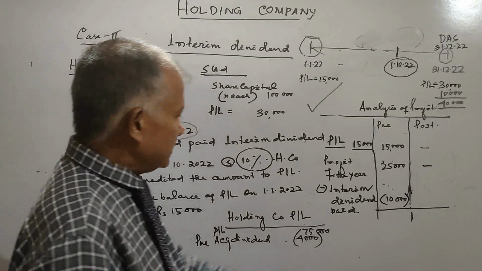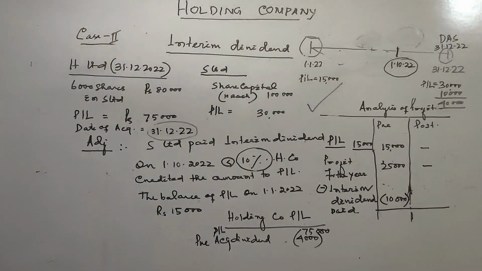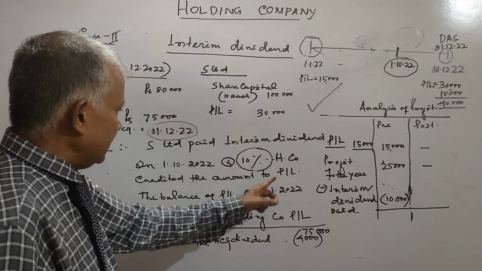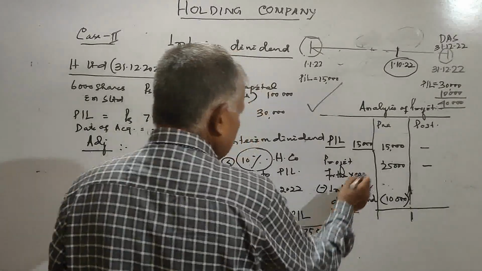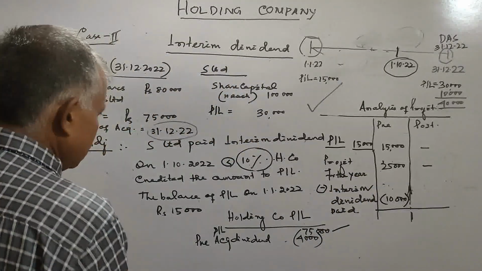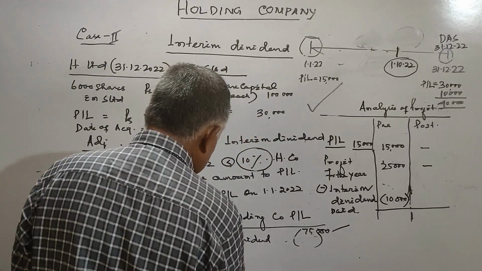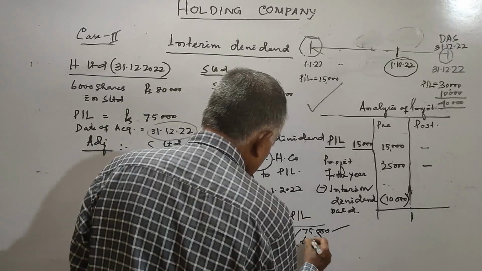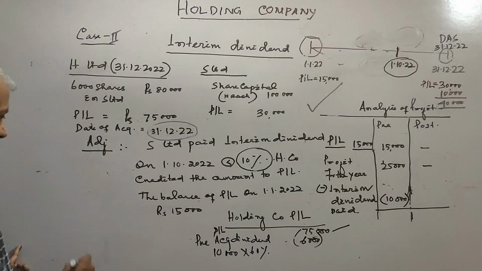So this interim dividend is a capital profit. It should be credited to cost of control. If they tell you that the holding company credited the amount to PL, then from PL you take 10,000. 10,000, 60% would be 6,000 here, and from the cost of control you deduct 6,000.